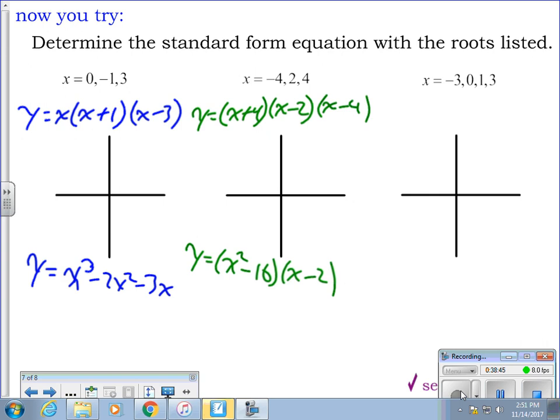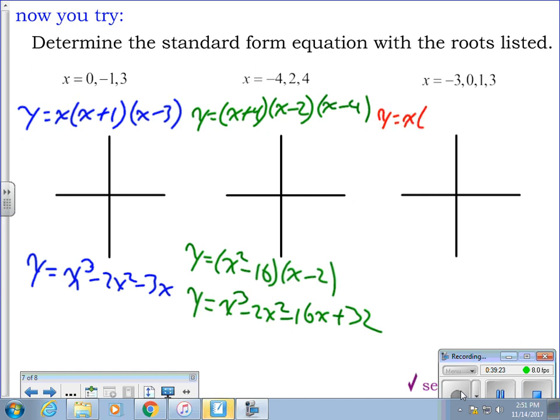And then I multiply those two out, y equals x cubed minus 2x squared minus 16x plus 32. All right, match. Good. I felt pretty good about doing that one. It was a tough one to try to do. Okay, let's bust out the last one here.